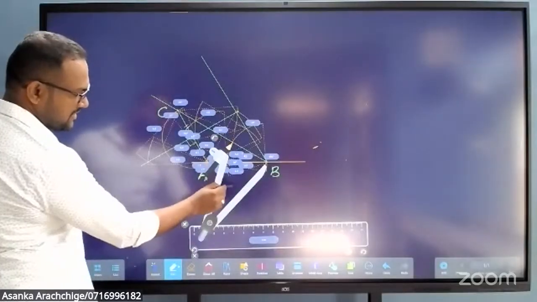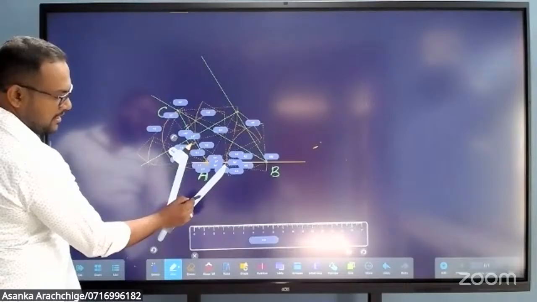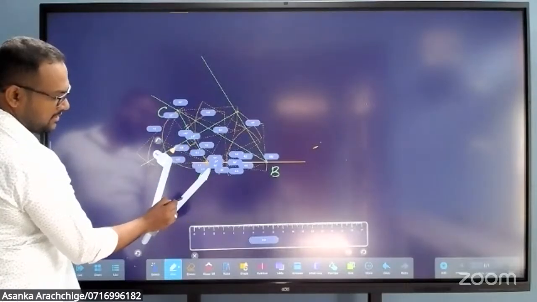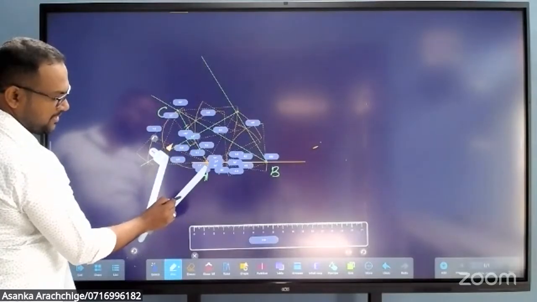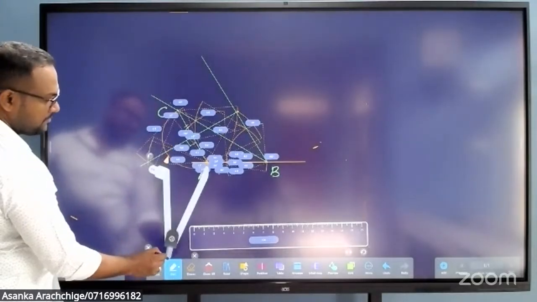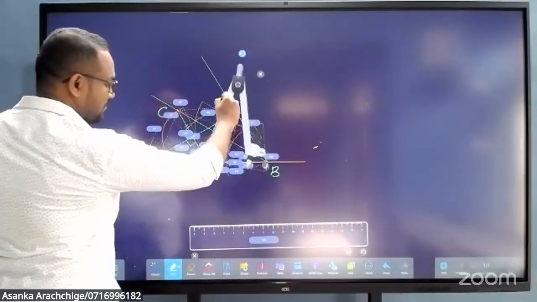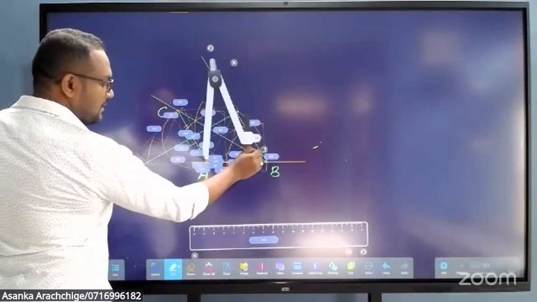Then I draw an arc taking the same radius, same distance from A, like this.